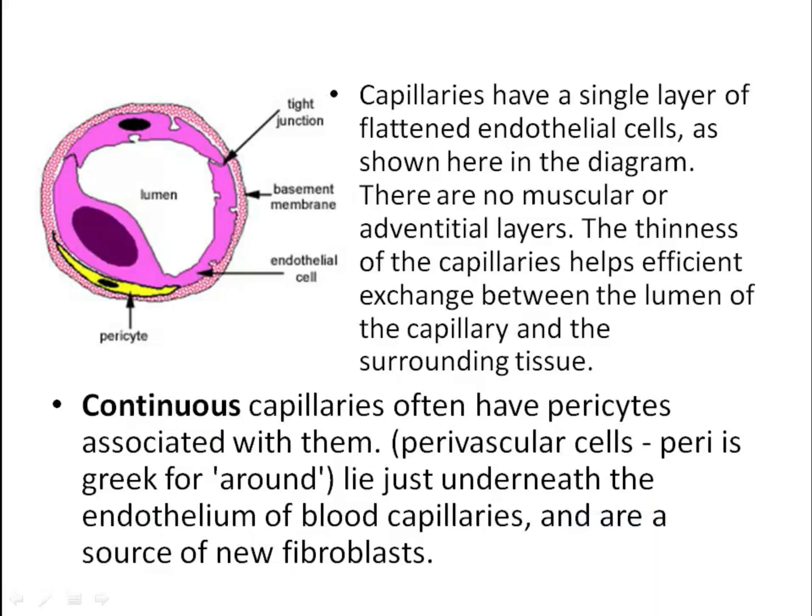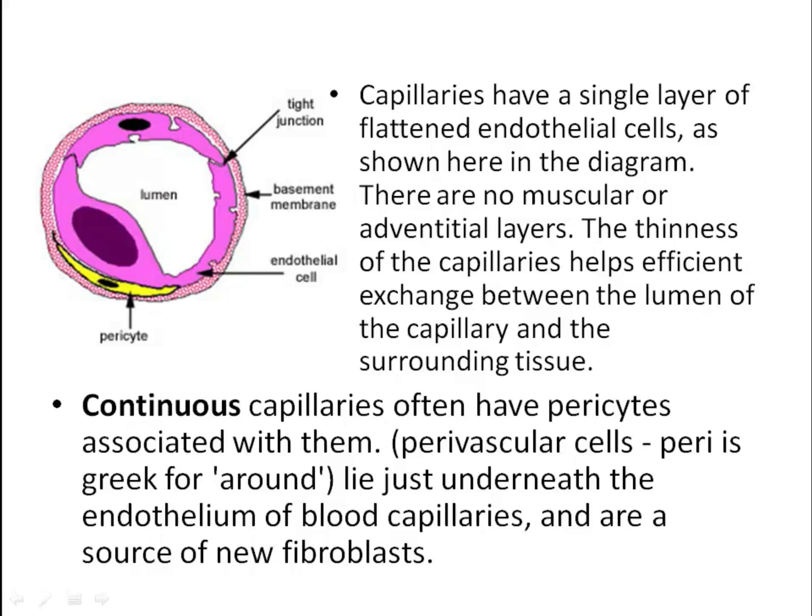Now capillaries are made of a single layer of flattened endothelial cells. From the start of this blood vessel lecture, I'm repeating again and again that the internal lining of all the blood vessels is made up of endothelial cells.